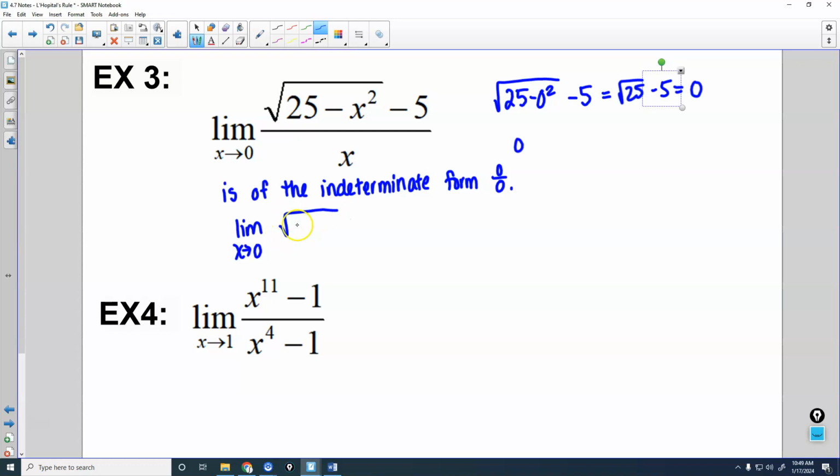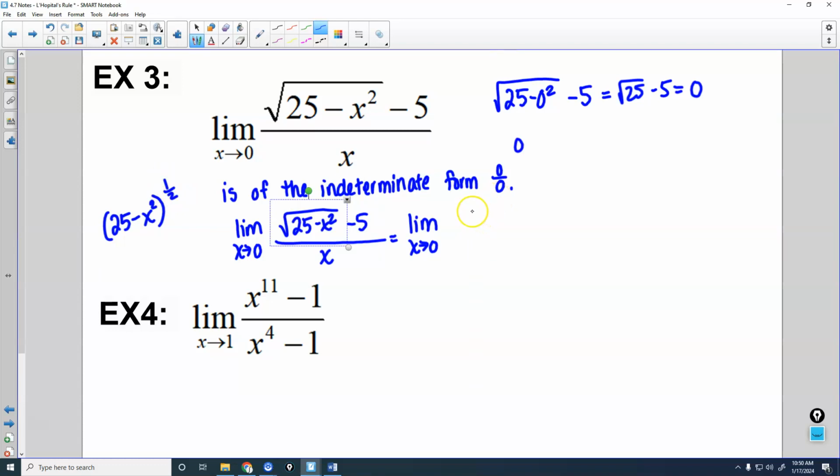So we got square root of x. Alright, we're going to take the derivative of the top and the bottom. So this is like 25 minus x squared to the 1/2. Who can remind me how to take that derivative?